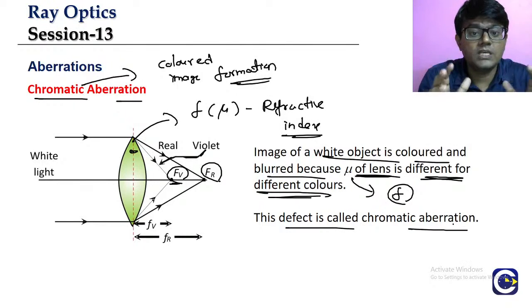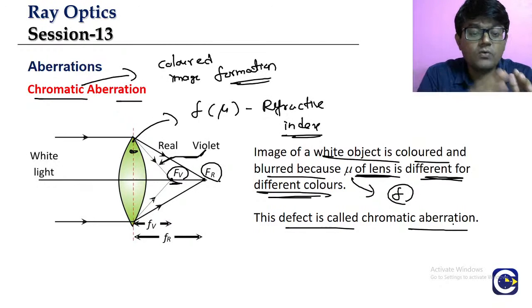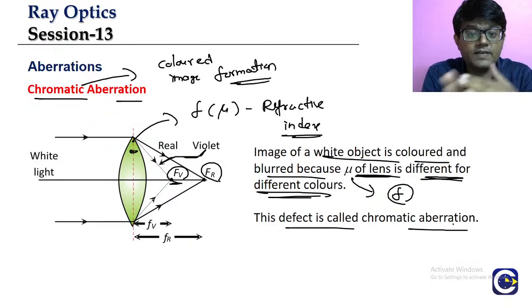Already in the case of the prism, we talked about it. If we make a combination of two prisms, where one prism is causing the dispersion and the other is able to converge the colors, then we say that the combination of prisms is achromatic.